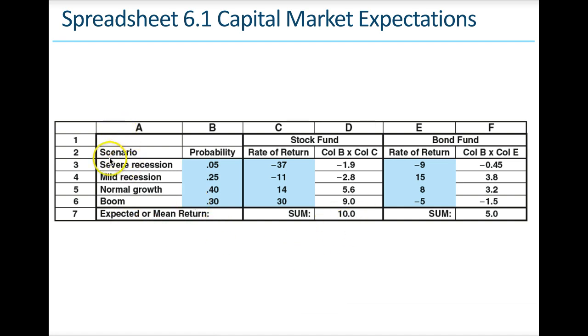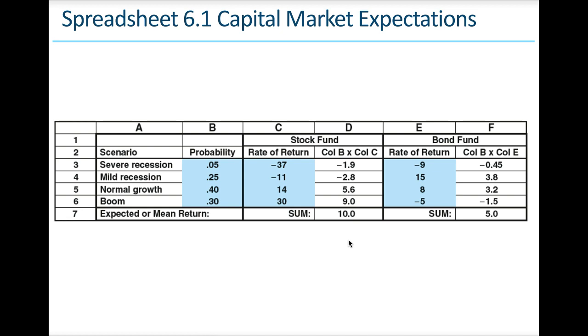If we have different scenarios of economic conditions, probabilities of occurrence, and the rate of return for a stock fund, multiplying columns B and C together, we can find the sum to calculate the mean. And if we look at a bond fund and do something similar, we can see that the expected or mean return is lower for a bond fund than a stock fund.